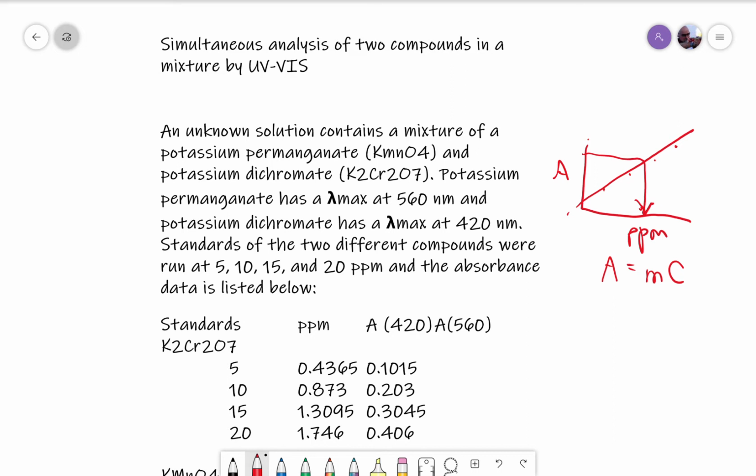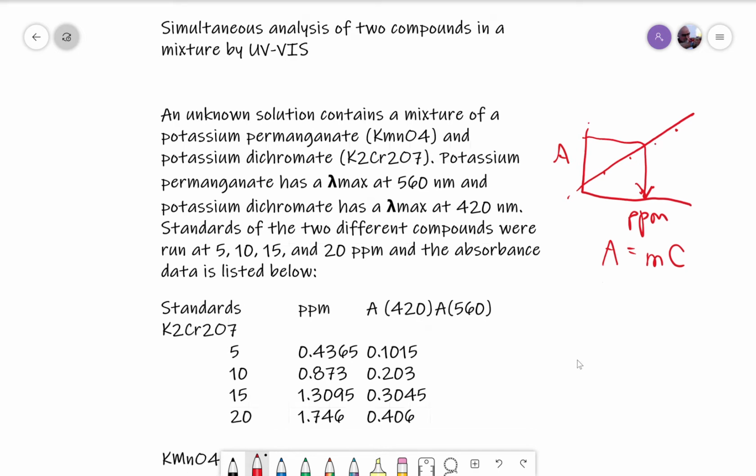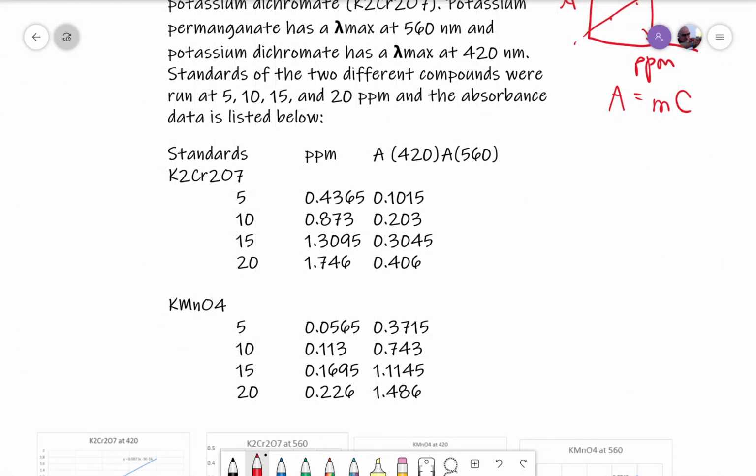In this problem, we have two absorbers, and we know that the absorbance at any wavelength is a combination of both of those species. So in this problem, we had to actually collect standard data. We set up our standards at 5, 10, 15, and 20 ppm, and then we measured the absorbance at two different wavelengths.